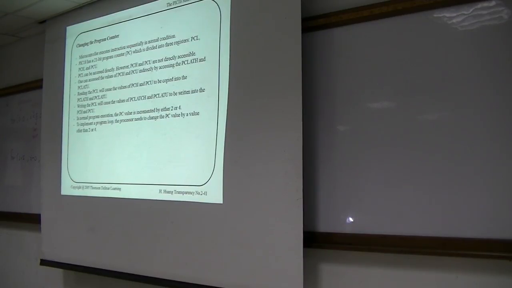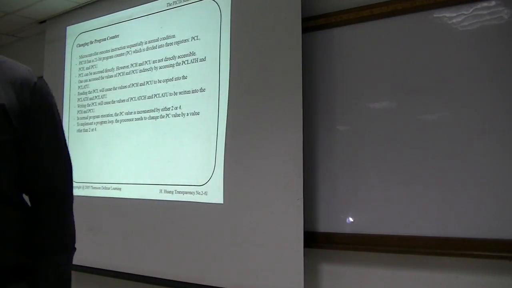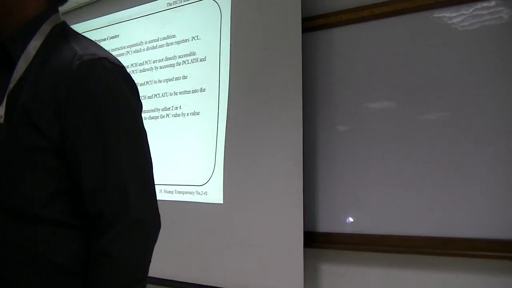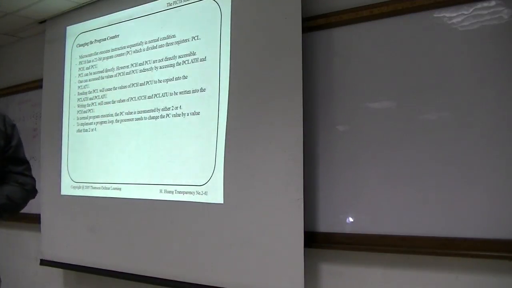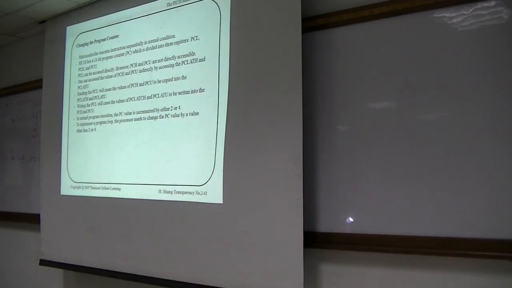Yes? 2 to the n. Yes, that is because our program memory has a 21-bit address. It's as simple as that, right? But why can many not answer? Is the question difficult? It's a straightforward question, right?